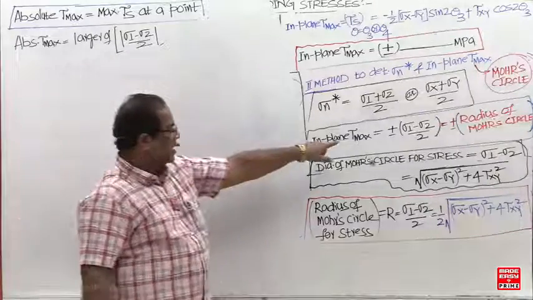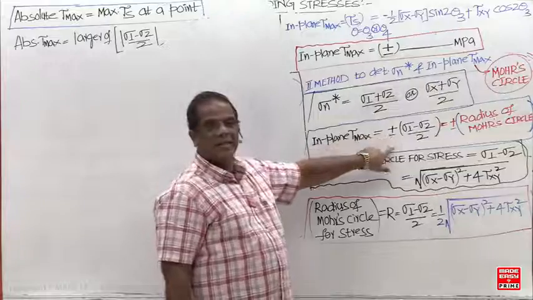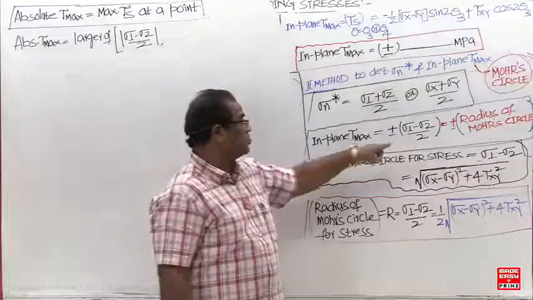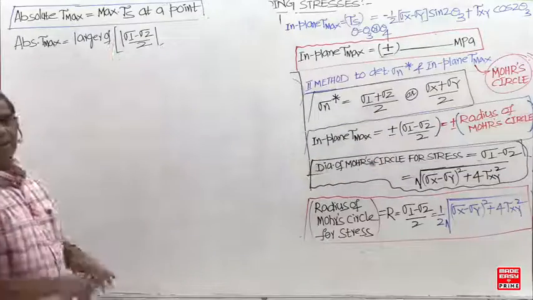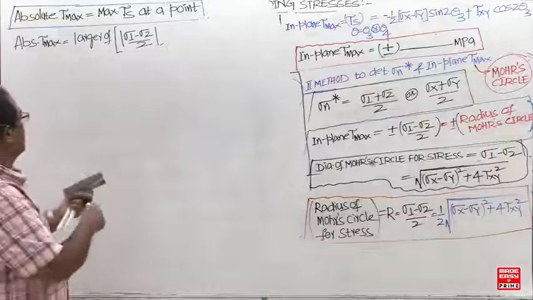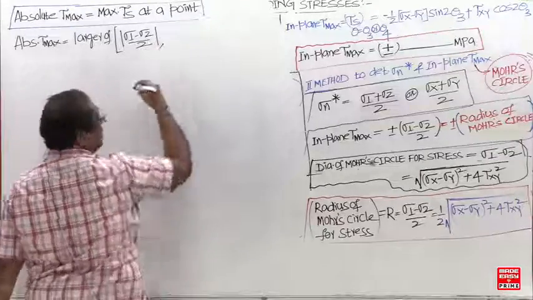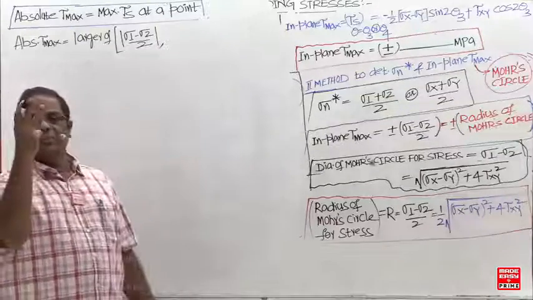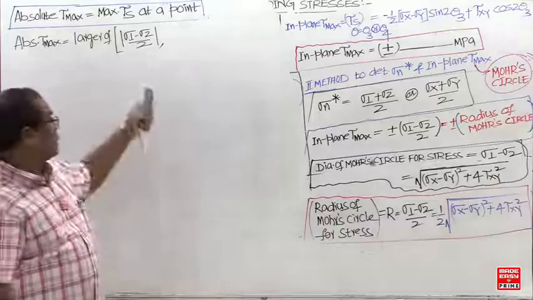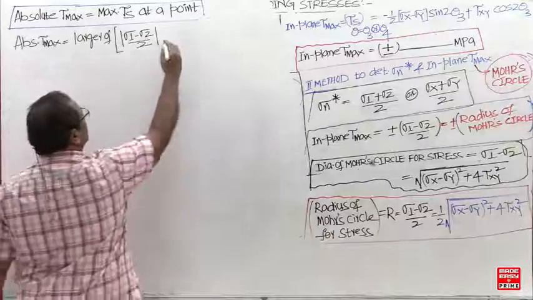Just now you studied that you get two values, plus or minus. Absolute means I'm interested only in magnitude, that's why I'm taking the mod. But if you go for the triaxial case, how many principal stresses are there? 3. I'm writing for the triaxial case here.